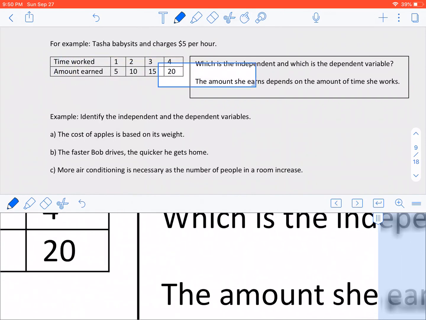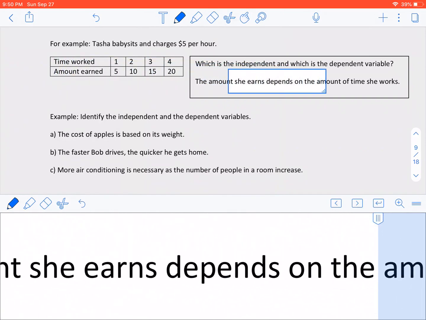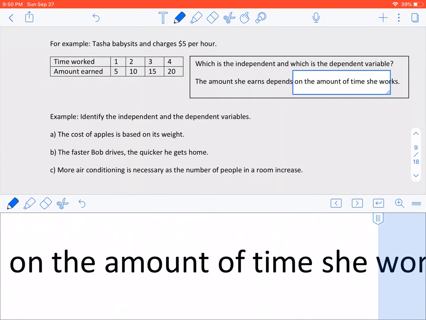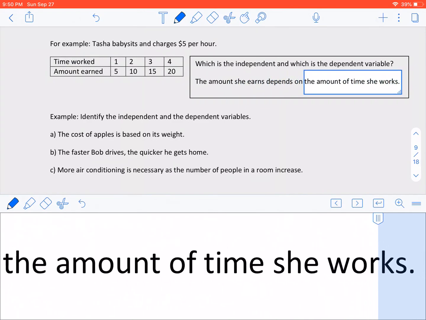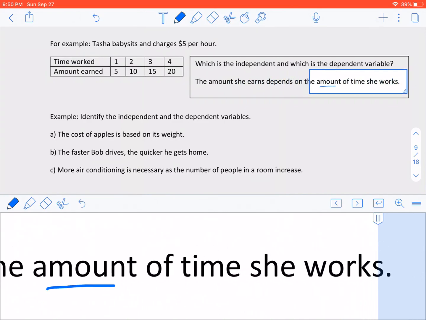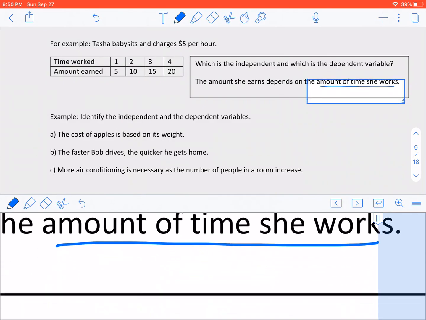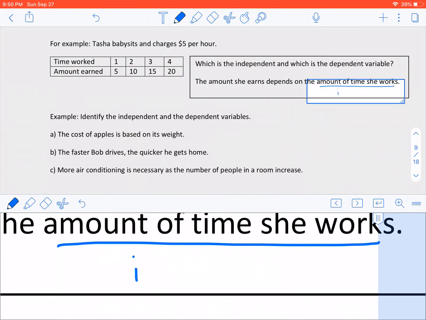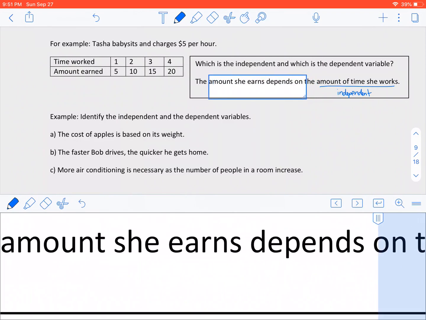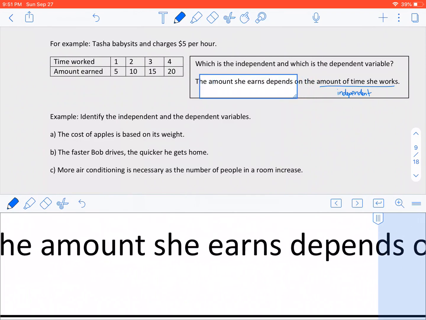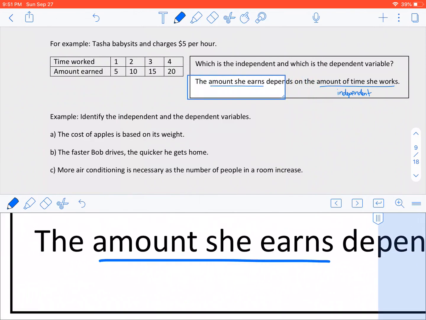So the amount she earns, how much she earns, depends on the amount of time she works. So amount of time she works, that's the input, that's the independent. Amount she earns, that's the dependent.